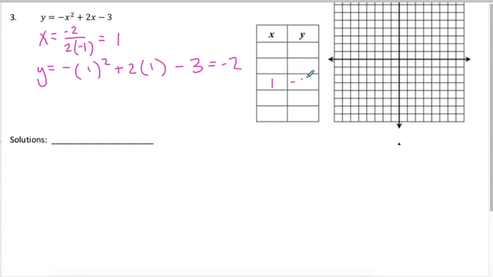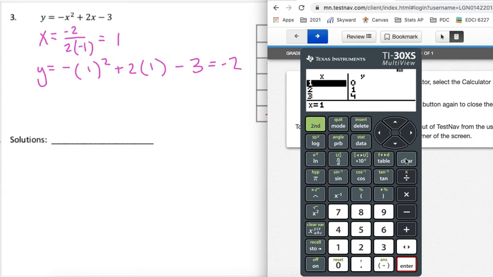So I just figured that out in my head. So we're going to go over 1. Oops, sorry, opposite. Positive 1, negative 2. All right, so we're going to go up 2, 3, and down. And let's see what kind of values we get here. So now we have negative x squared plus 2x minus 3, and go ahead and start that at 1.